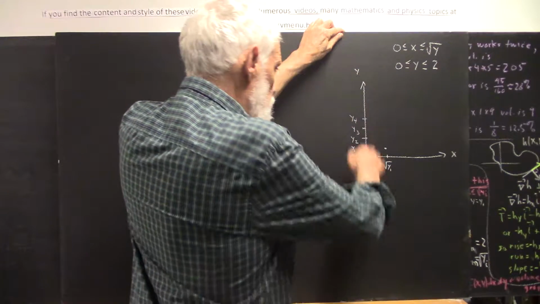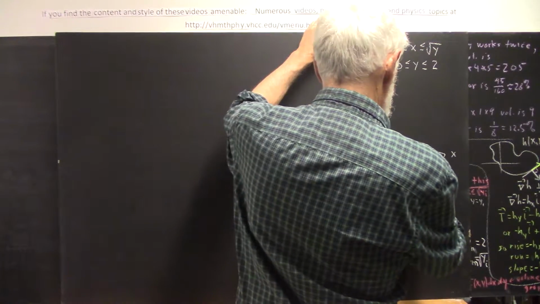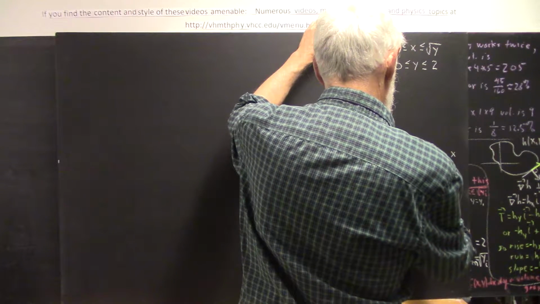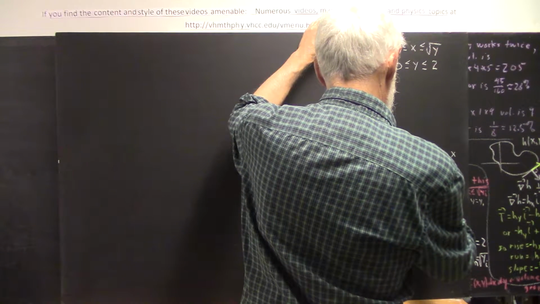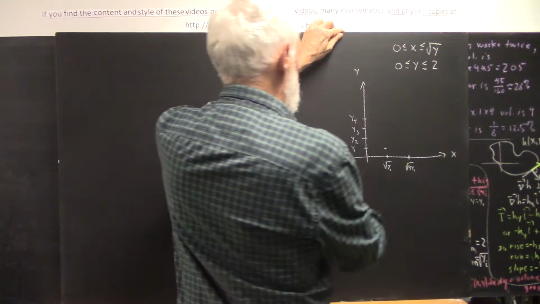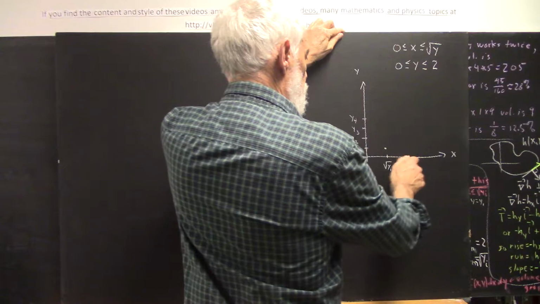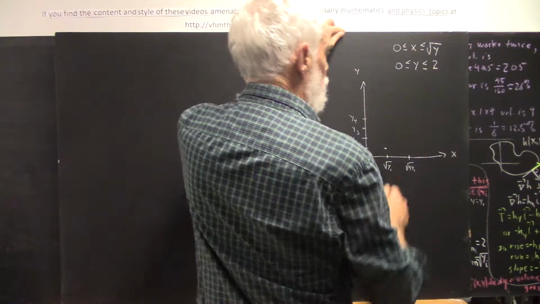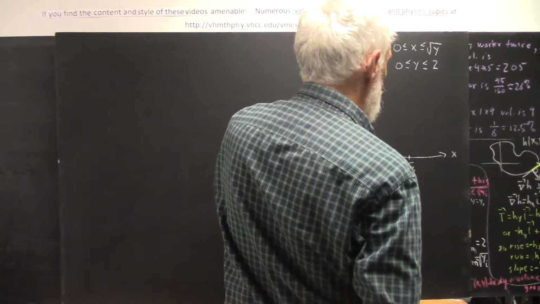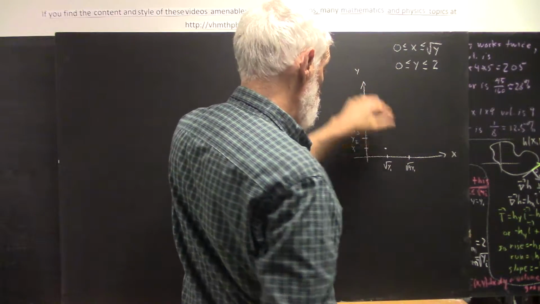And that's the point of this idea that I'm going to double the value of the square root of y if y increases by a factor of 4.